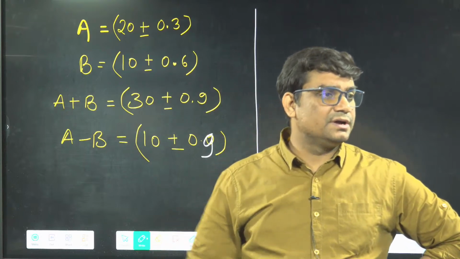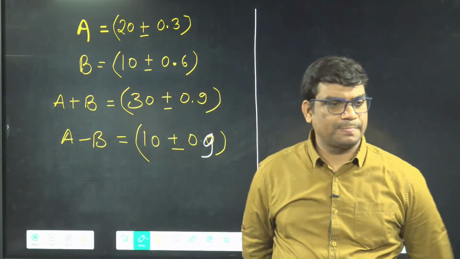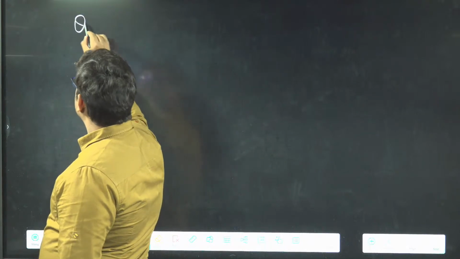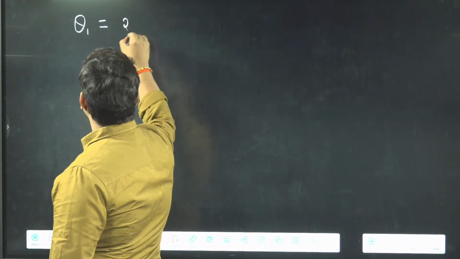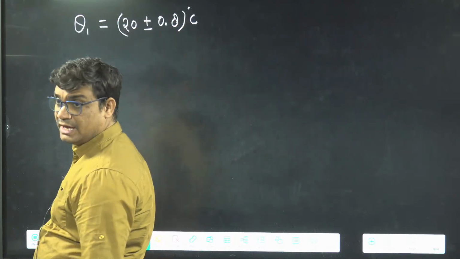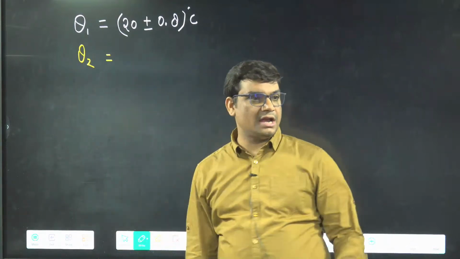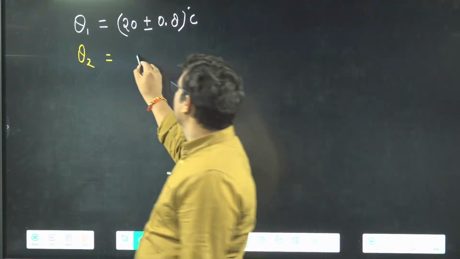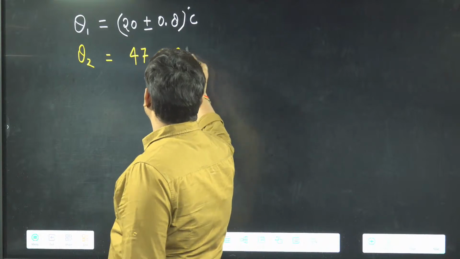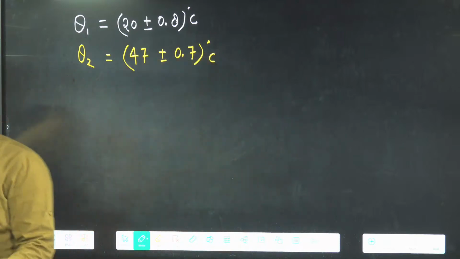Temperature recorded in the morning, theta 1 equal to 20 plus minus 0.8 degrees Celsius, and in the afternoon, theta 2 equal to 47 plus minus 0.7 degrees Celsius. Find the change in temperature.